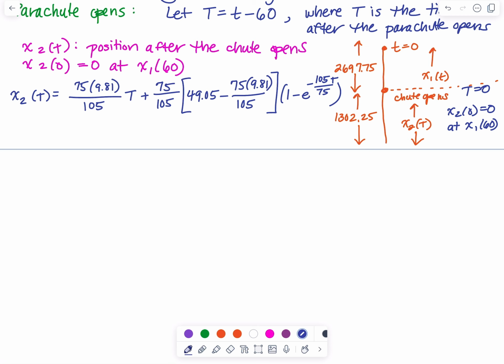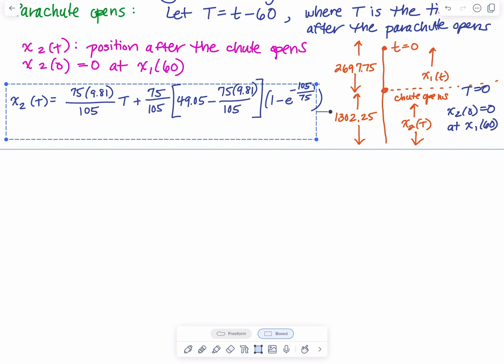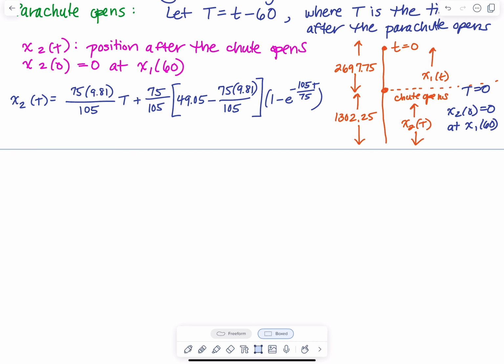Okay, and coming up with that in a simplified manner, we have 7.01 t plus 30.03 multiplied by 1 minus e to the negative 1.4 t.